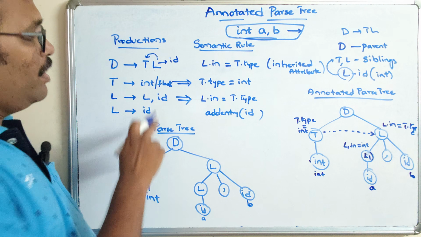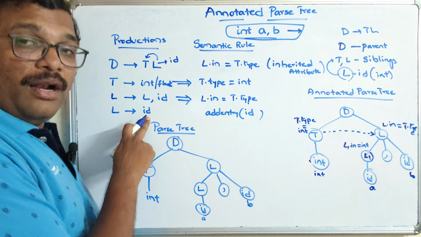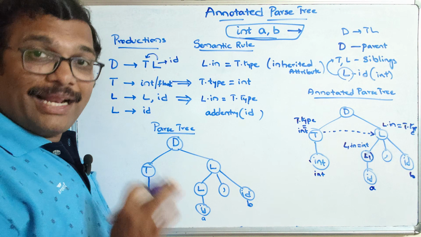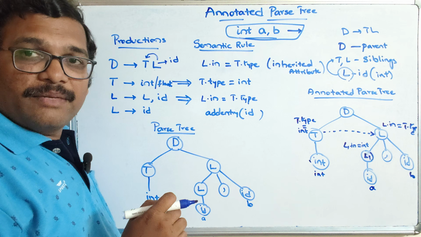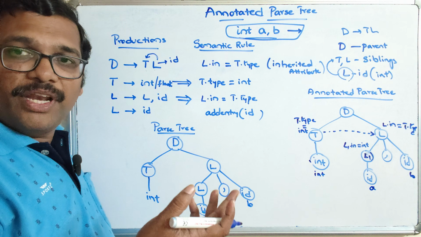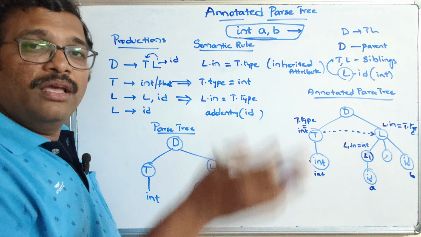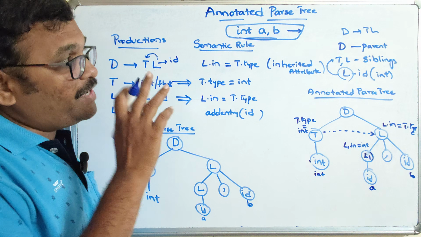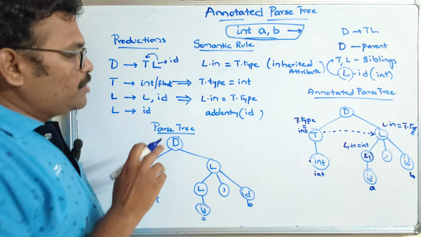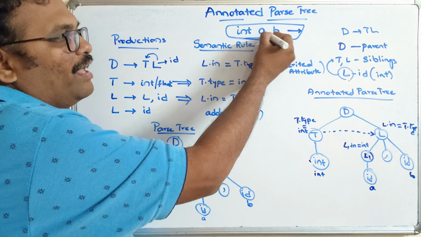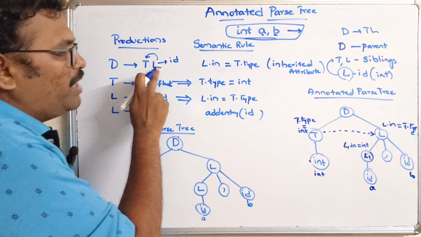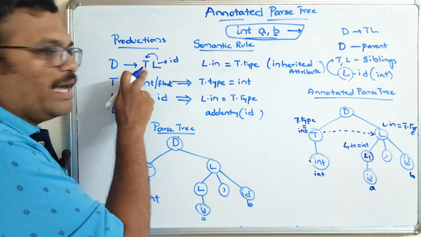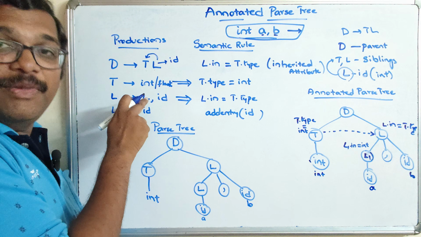So once again I'm saying, here l is an identifier list and the input string is a declaration part. The declaration part means if you are declaring some variables, that should be done only with respect to the data type, what data type it was. So the a value and b value totally depend upon the data type. So l value depends upon the data type t. t here is a sibling.